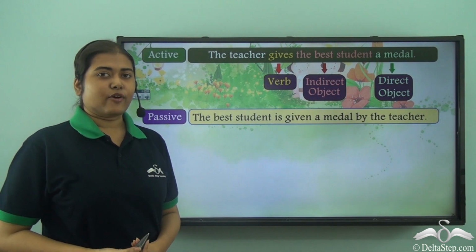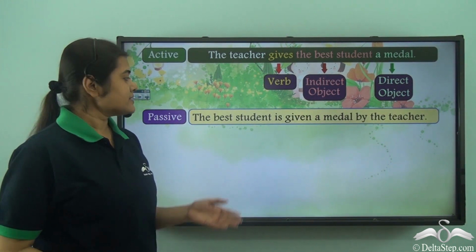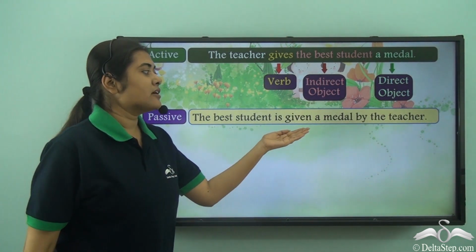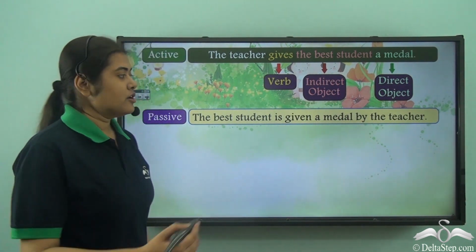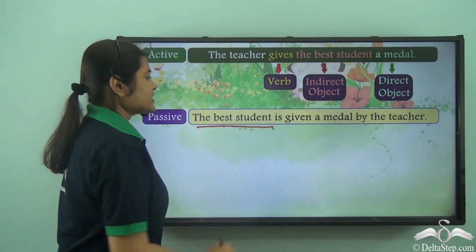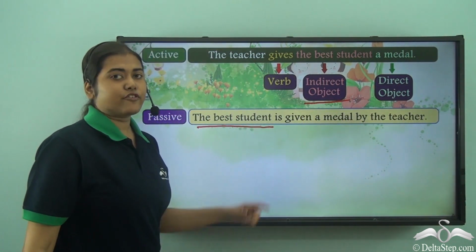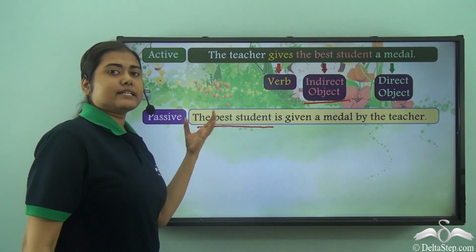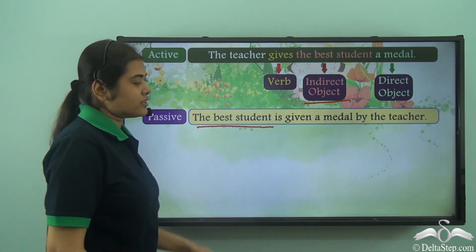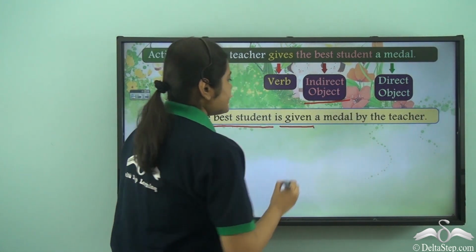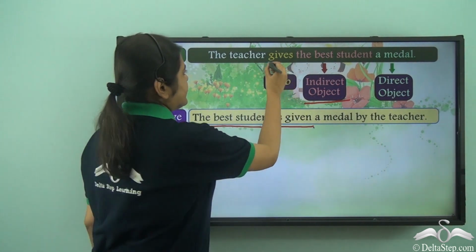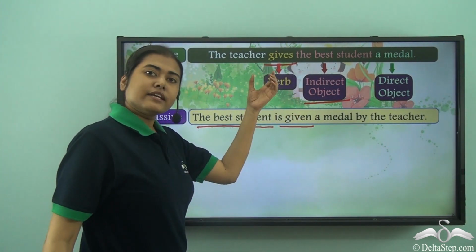So in the passive voice, one way of writing it is, the best student is given a medal by the teacher. So here our subject is the best student. So we have taken the indirect object from the active voice and placed it in the subject position. Then our verb is given. In the active voice, the verb was gives.